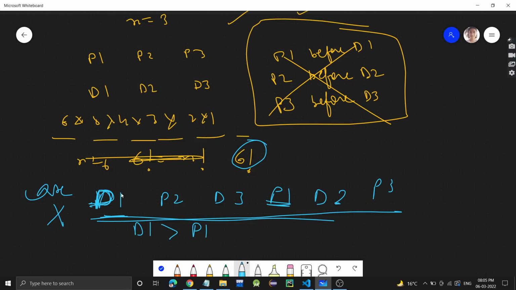First pickup should be done and then delivery. So we directly cannot do this 6 factorial.